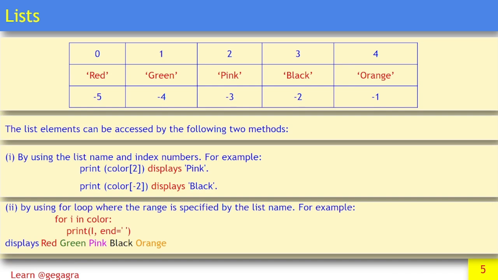When you say for i in color, it reads the first index, 0, so it reads red, then green, pink, black, and so on. It displays red, green, pink, black, and orange. This way the items in the list can be traversed left to right and right to left using the indices.